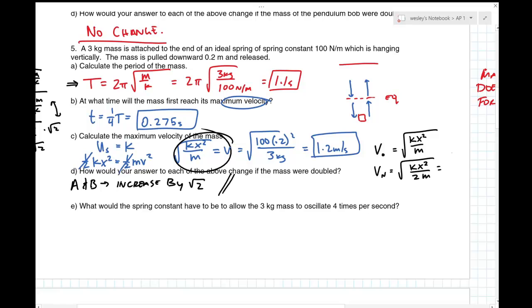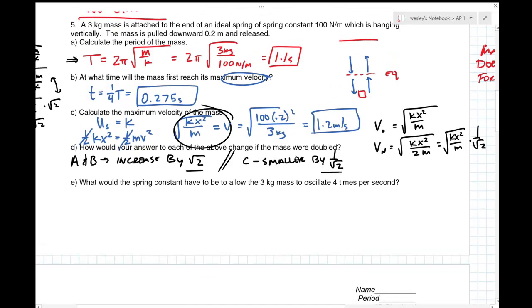That's like saying the square root of kx squared over m times 1 over the square root of 2. So the velocity, part C, gets smaller by a factor of 1 over root 2. More mass, less velocity. More mass, longer period. And this is how that happens.